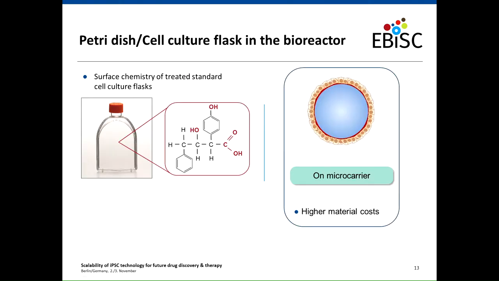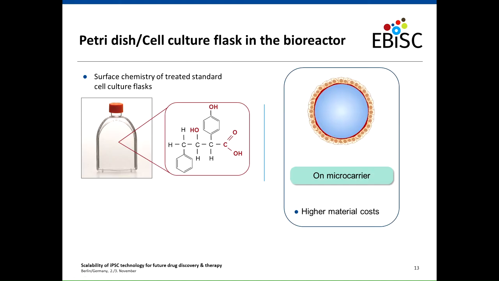So our strategy was first of all to have a look at the surface chemistry of the treated standard cell culture flask. You see it looks like this: here you have some hydroxyl groups, some carboxyl groups, phenol groups. And then to bring this surface chemistry onto the microcarrier to give the cells the possibility to grow as a 2D monolayer in a bioreactor.